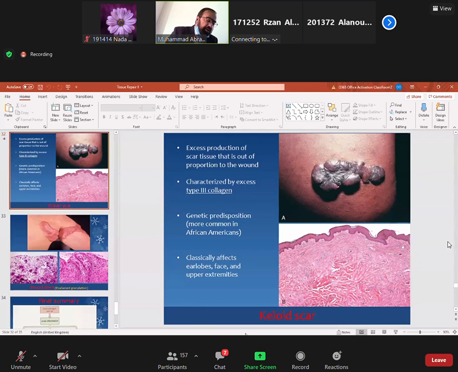If there is resolution, regeneration means there is minimum damage to the area. So there will be a process of regeneration, like acute. But the repair process will be going on, and the damage will not be that much to cause a functional deformity, because they have very good re-epithelialization. Thank you so much. Anything else?